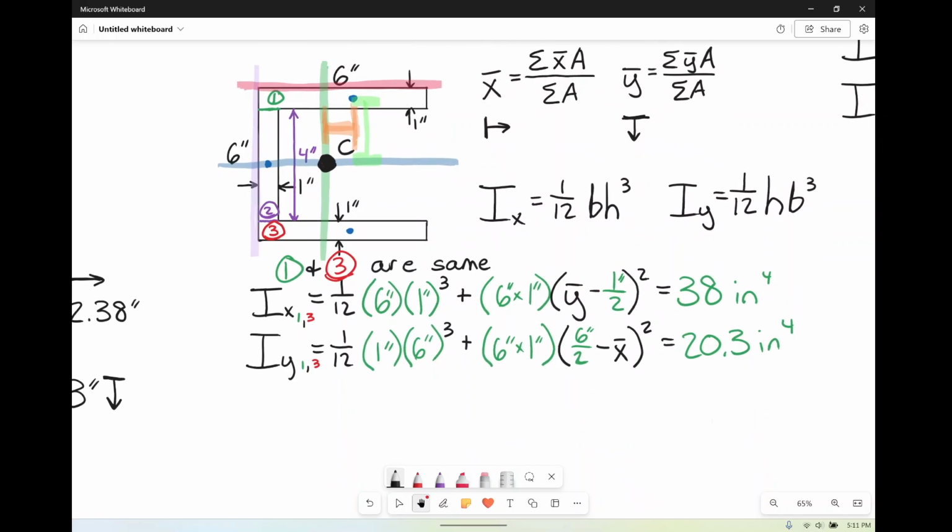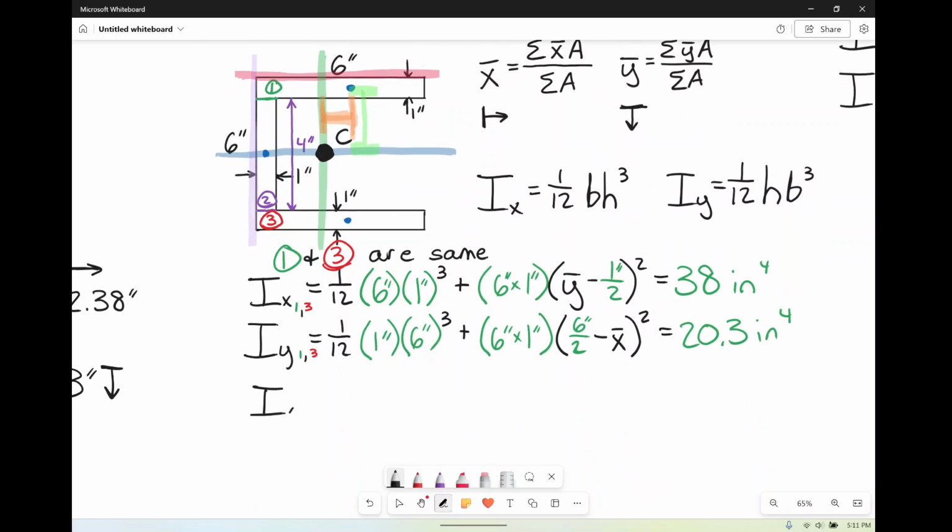Now let's do it for number 2. Let's do Ix for shape 2, and then Iy for shape 2. It is a rectangle, so it is 1/12. The base of the rectangle is 1 inch, the height is 4 inches, and we cube that. Plus the area, which is 1 inch by 4 inches. Because this is Ix, we need the y distance, how far its center is from the black dot.